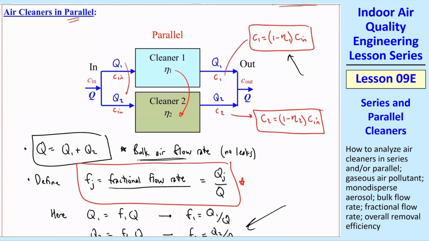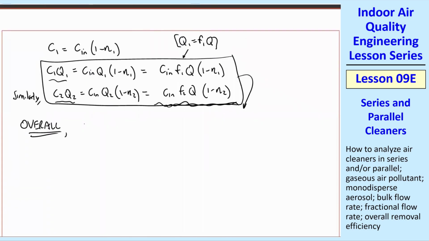Overall then, when we look back at the diagram, the mass flow rate of this species coming out is C out times Q. But that has to be a combination of C1 times Q1 plus C2 times Q2. So C out Q is equal to C1 Q1 plus C2 Q2.